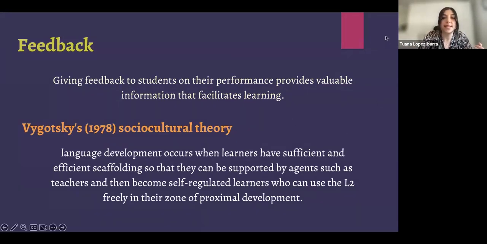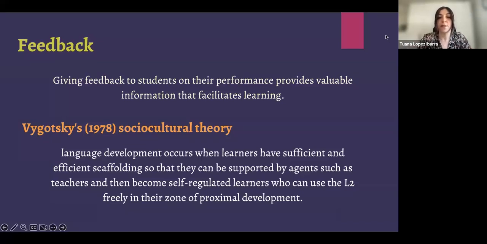In this theory, we see that language development occurs when our students have both sufficient and efficient help, scaffolding from outside or from themselves as well, so that they can be supported by agents such as teachers, in this case us, and then become self-regulated learners who can use the L2 freely in their zone of proximal development, in their ZPD. This is the main aim, that they can become autonomous, self-regulated learners who can use their second language freely in their zone of development.